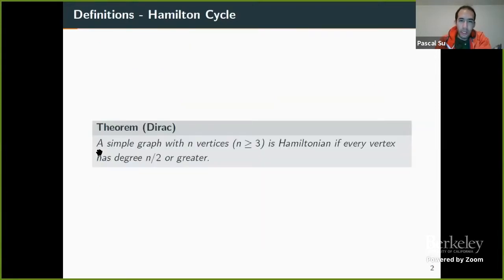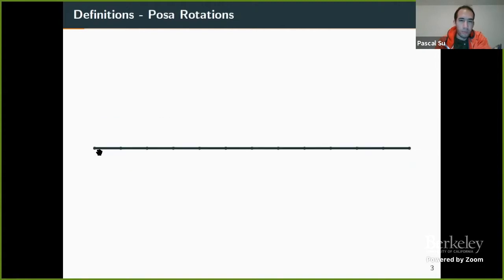Already very early, we had Dirac's theorem, which told us that if the minimum degree is n/2 in any graph, then we can find a Hamiltonian cycle. Intuitively, if the vertices have a lot of edges, then surely there is some substructure there. The proof of this theorem works via Pósa rotations. You might be familiar with them.